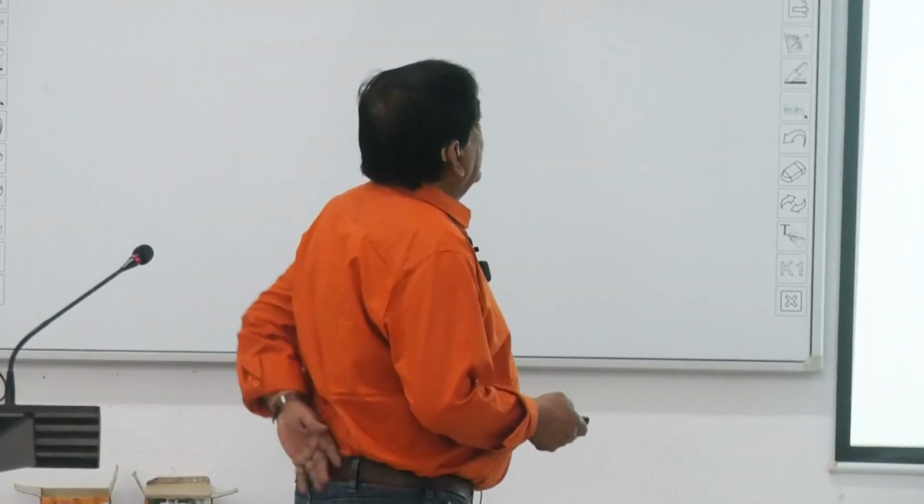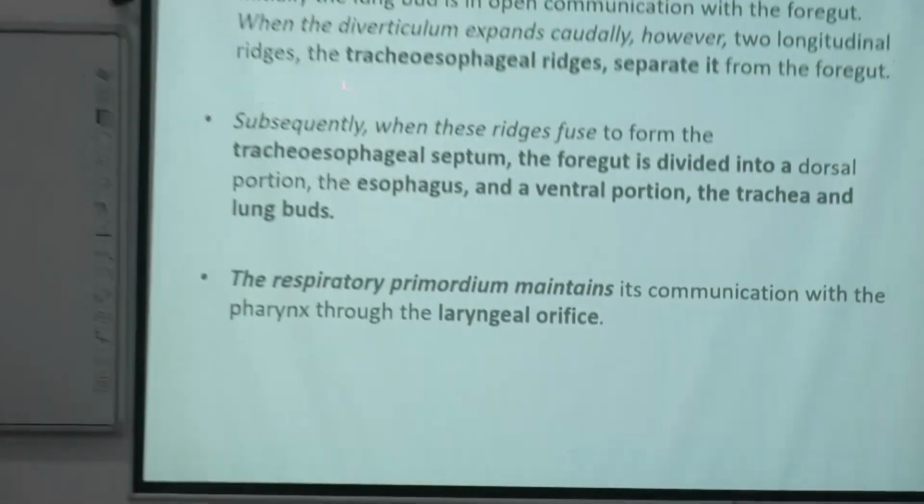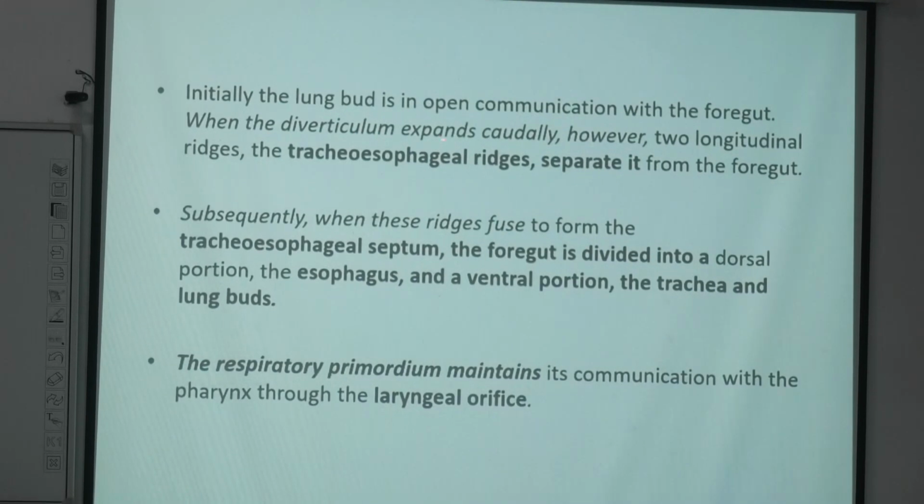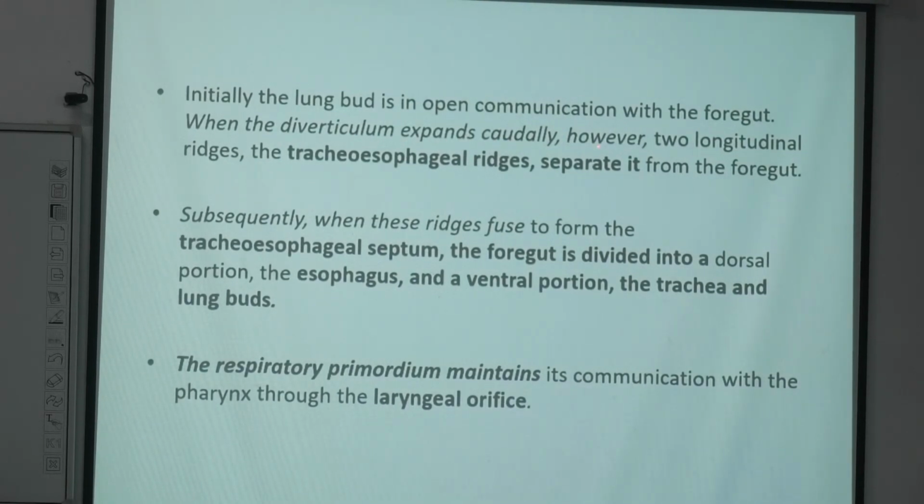Now, initially, the lung bud is in open communication with the foregut when the diverticulum expands caudally. However, two longitudinal ridges, the tracheoesophageal ridges, separate from the foregut. Subsequently, when these ridges fuse to form the tracheoesophageal septum, the foregut is divided into a dorsal portion, the esophagus, and a ventral portion, the trachea and lung buds.